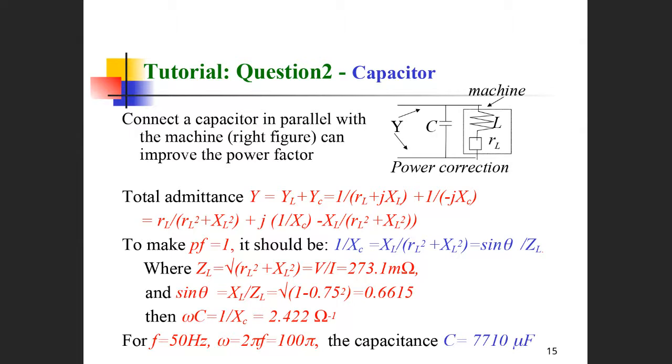So for a given load, it has an impedance. Load power factor is the cosine of the load impedance angle.